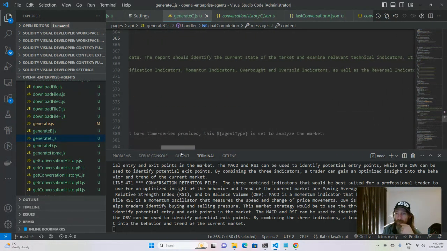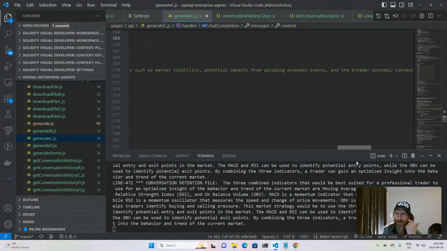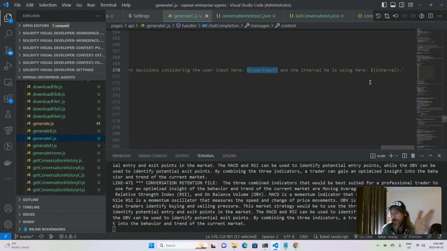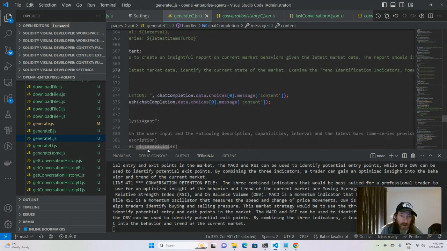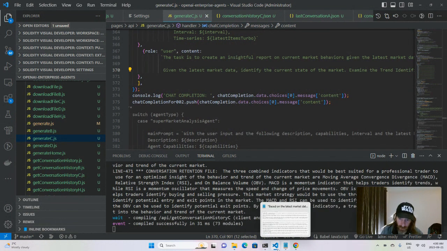And this one here, if I go right to the end, this is where I put in the user input. So whatever you put, the report should guide investment decisions, considering the user input and the interval he is using, and it says like 1 minute or 1 hour or whatever. And it's pretty sweet.